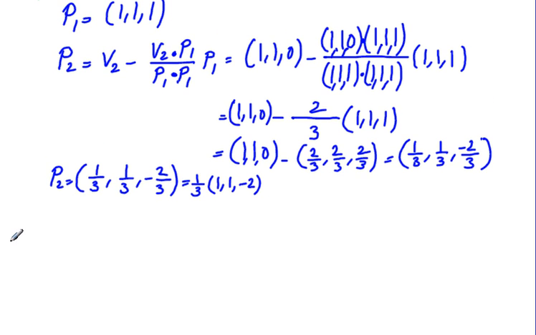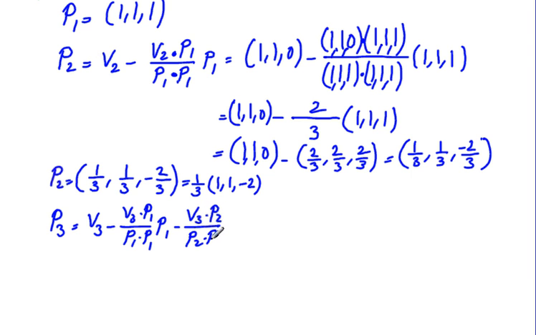Now I go for the next round. Who's P3? It's V3 minus copies of this type: V3 dot P1 over P1 dot P1 times P1, and V3 dot P2 over P2 dot P2 times P2.